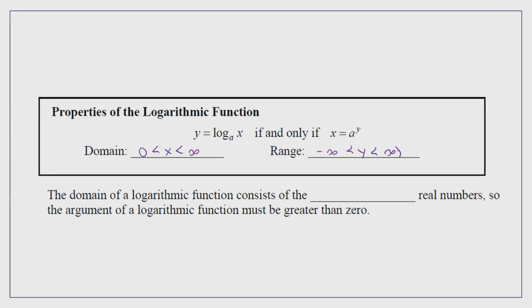Okay? So the domain of a logarithmic function consists of the positive real numbers. So the argument of a logarithmic function must be greater than 0. Okay, so that's a requirement for all logarithmic functions. Well, the domain.